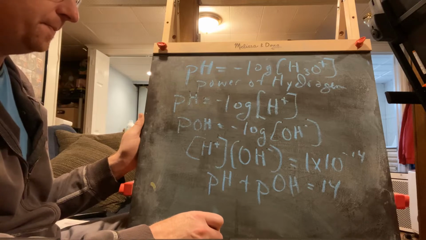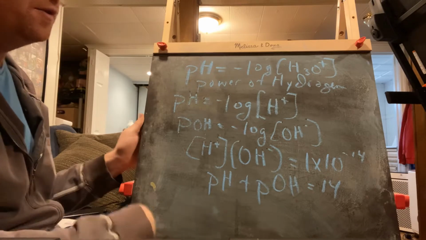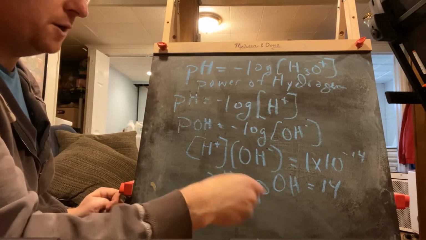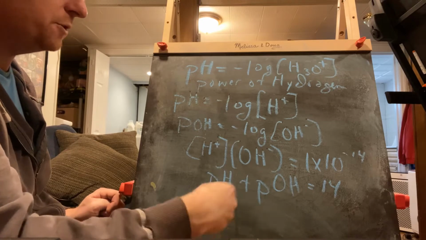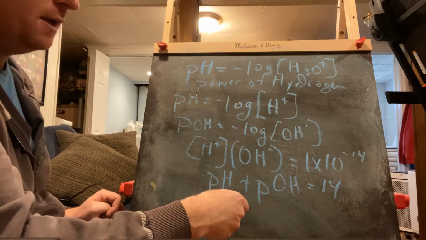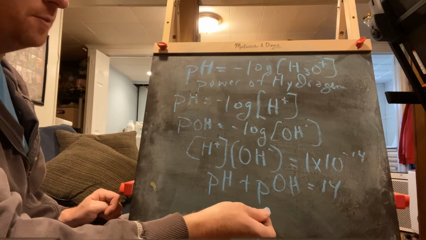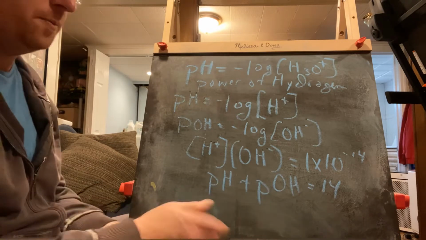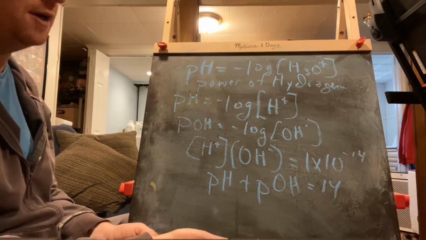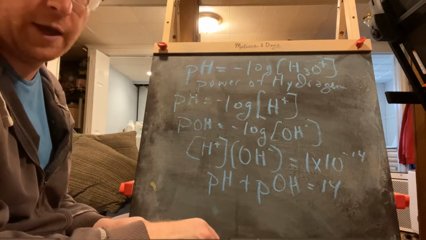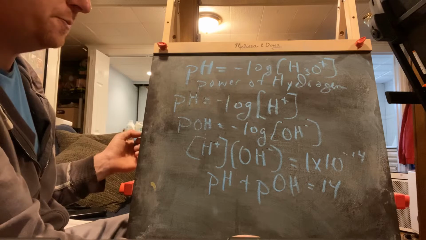So these formulas we're going to use, I'd write them down just to make sure that you have them, and I'll show you a couple of examples of how you'd end up solving questions based on this with a strong acid, and then tomorrow we'll do the weak acids with pH.